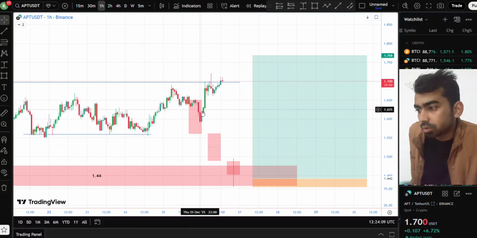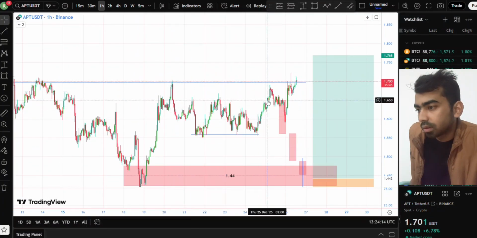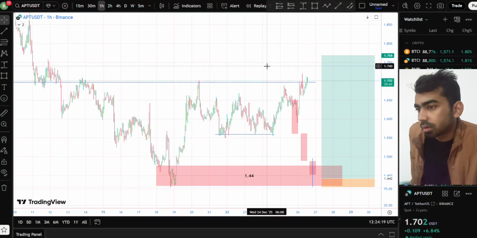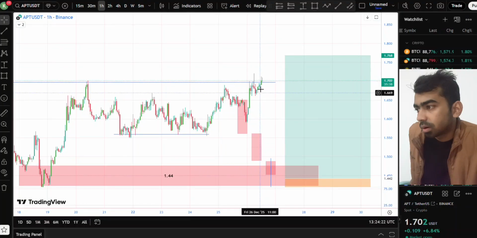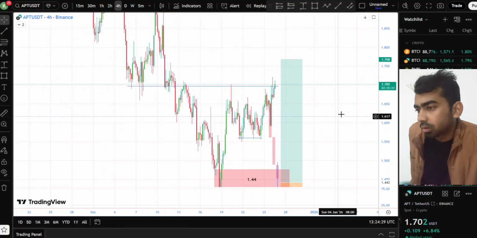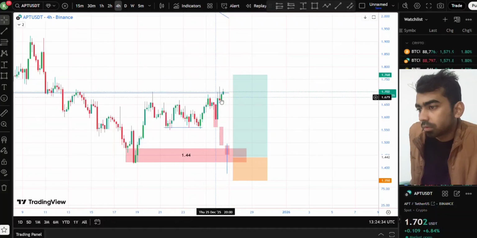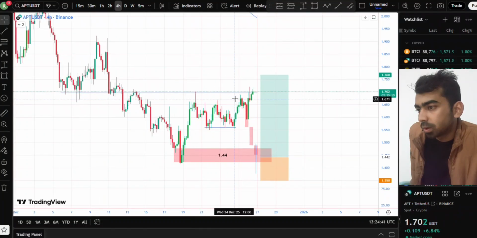Let me check Aptos. I also said yesterday, if Aptos follows like this, then I will make a trade, and if it is going upside and makes such a pattern, now it is creating a short. If you go to the 4-hour time frame, look at that, it is at previous resistance and people will enter for short.